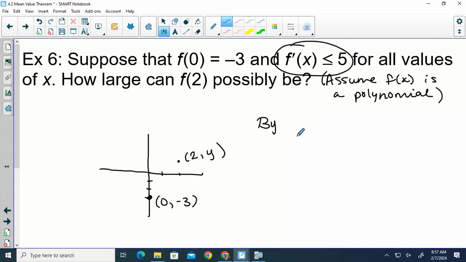Okay? I'm just going to say by MVT, mean value theorem. So if we did our slope between the endpoints, y minus negative 3, so y plus 3, over x minus 2. And we've agreed that the biggest y value would happen when our slope was 5.